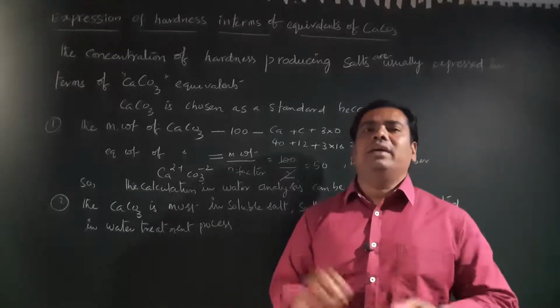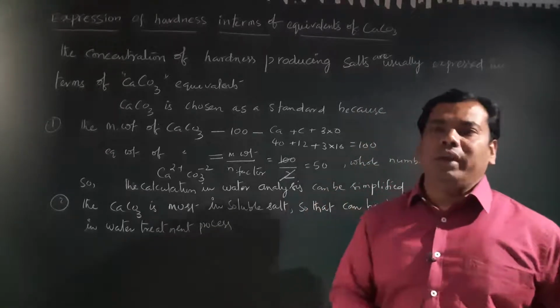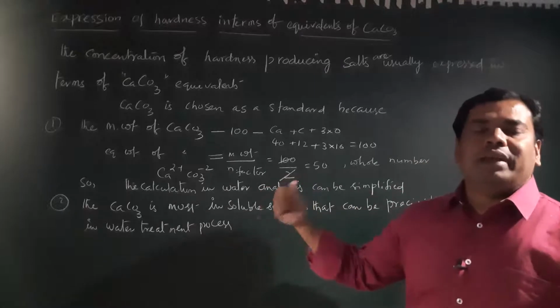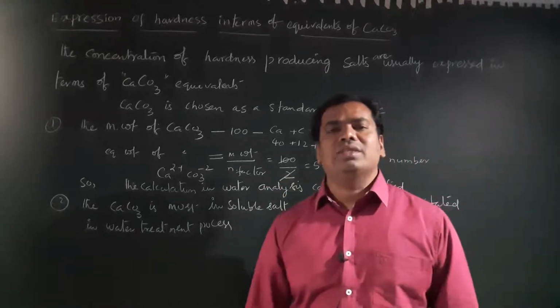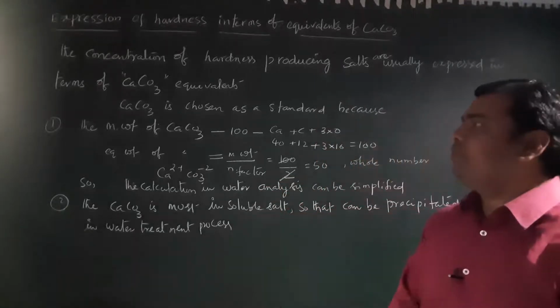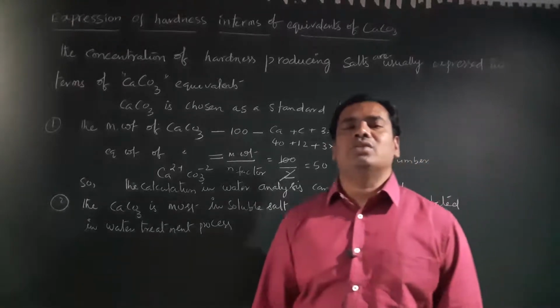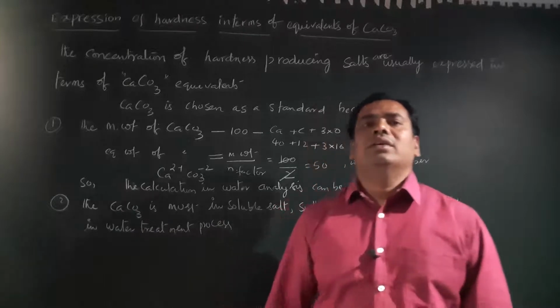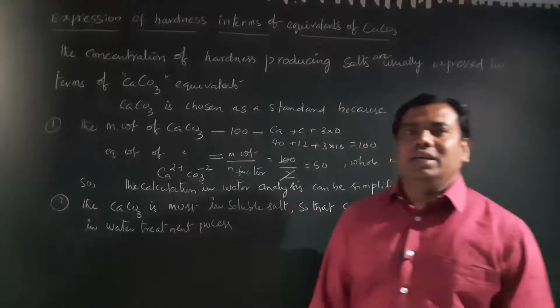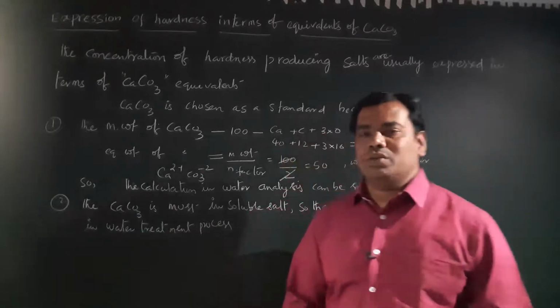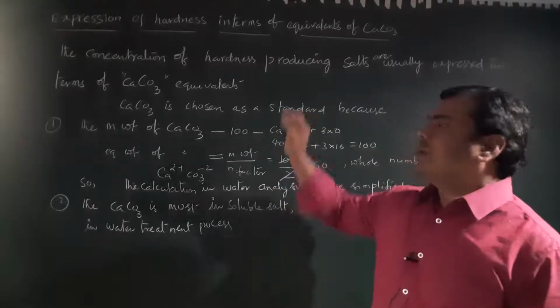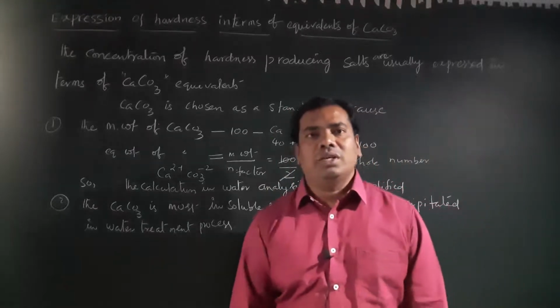Here 50 is a whole number, so the calculations in water analysis can be simplified. That is the first reason. The second reason is that calcium carbonate is the most insoluble salt, so we can precipitate it easily in the water treatment process. So for these two reasons CaCO3 is chosen as a standard.